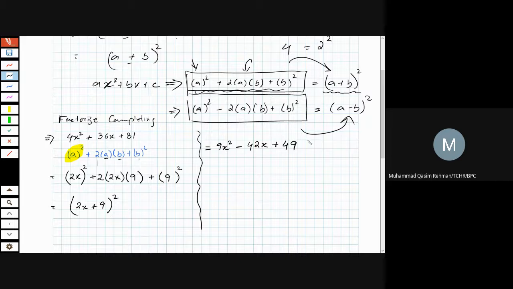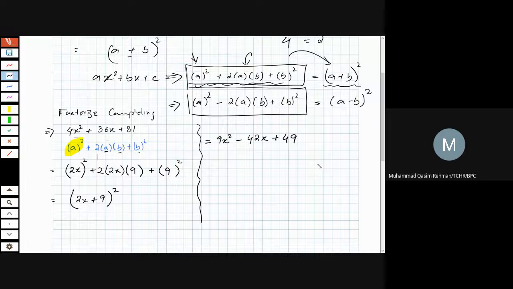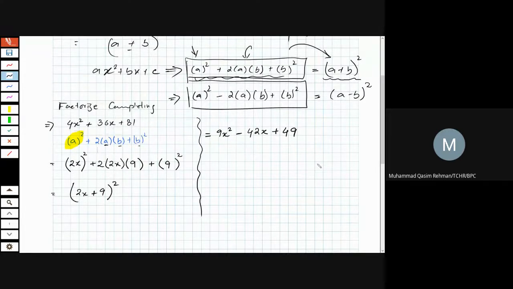I want you to factorize this by using a completing square method. Come on. The same method. I'm keeping this part of the screen right here so that you can refer back to the question which I have done for you guys and check if there is any problem.